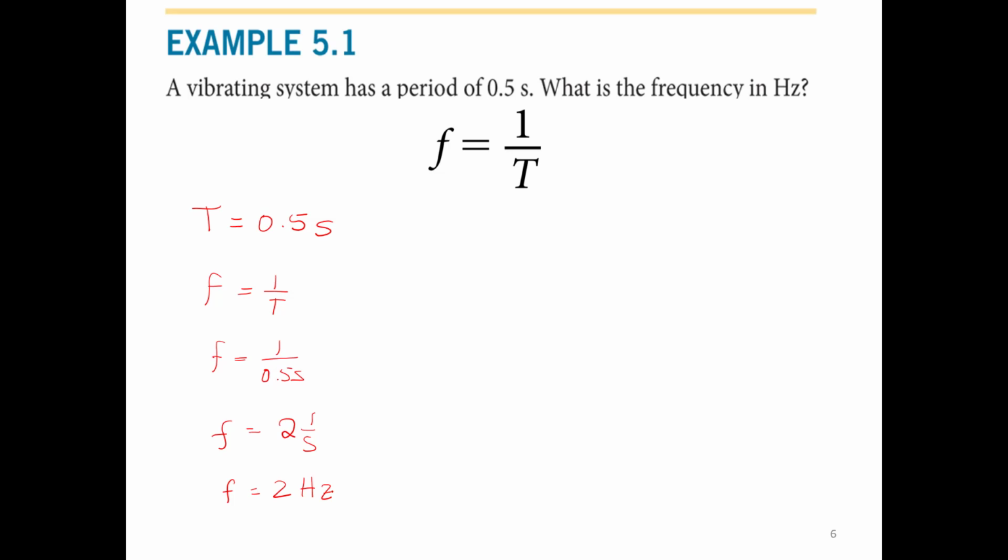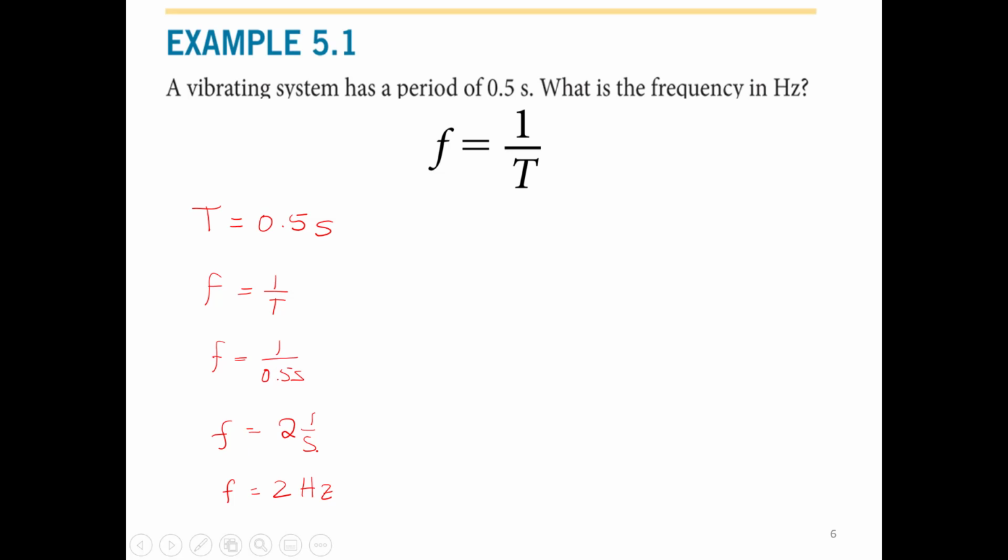Yes. Then if the period is 0.5 seconds, it means the time to complete one complete vibration is 0.5 seconds. But if the frequency is 2 hertz, it means this vibrating system can complete 2 cycles in 1 second.